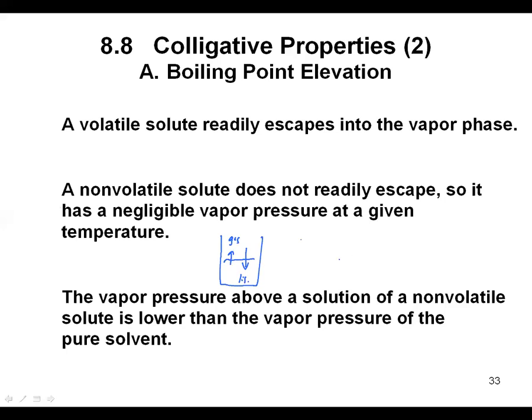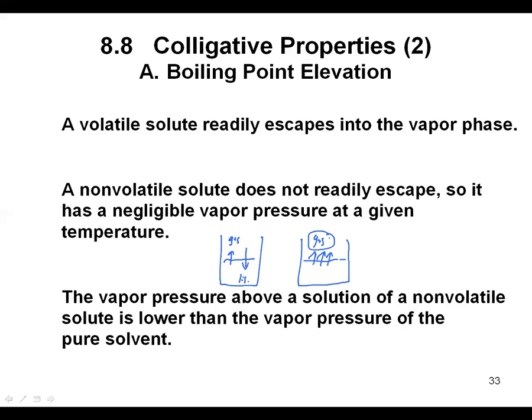And if something is really volatile, what that means is you have a pretty good rate of molecules jumping out of the solution into the gas phase. And what that means is above the liquid, you'll have a lot of gases. And as we talked about, gases have pressure associated with them. So the more volatile a solution is, the more gas it will generate. And that means you'll have more gas above the liquid part, and it will have a higher vapor pressure.